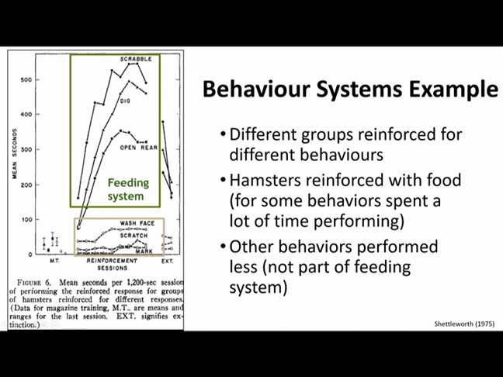And then we see that they all start with lower levels of that reinforced behavior, but over time, our three behaviors that are related to feeding and getting food end up showing a dramatic increase in how often those behaviors are occurring.